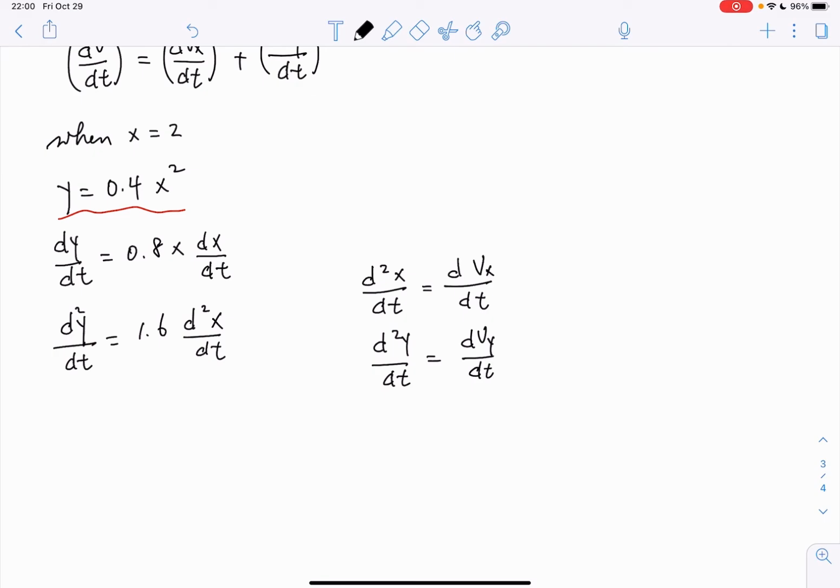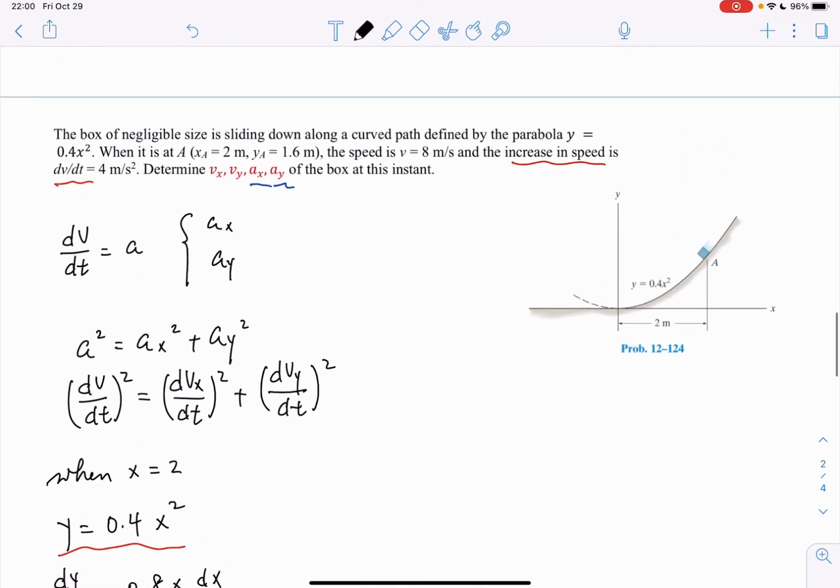Now we have the following: from the problem we are given that dv over dt is 4.